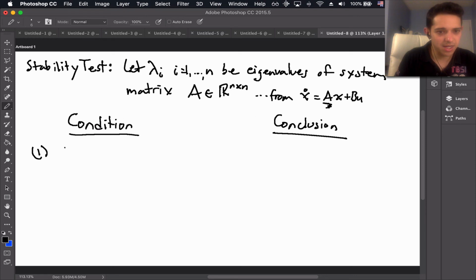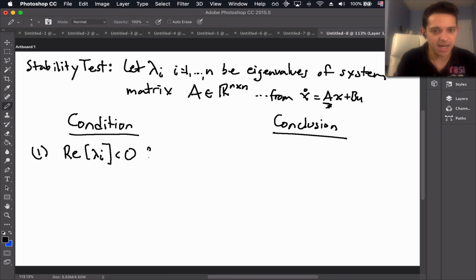So the first one is the following. We're going to check just the real part of the eigenvalue lambda i.